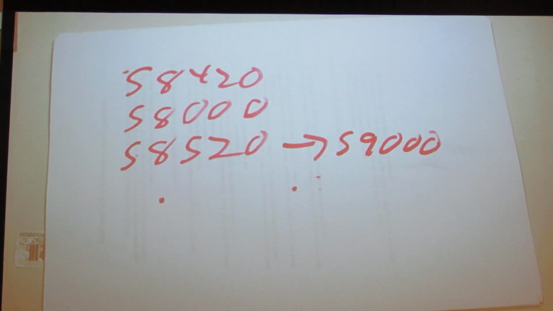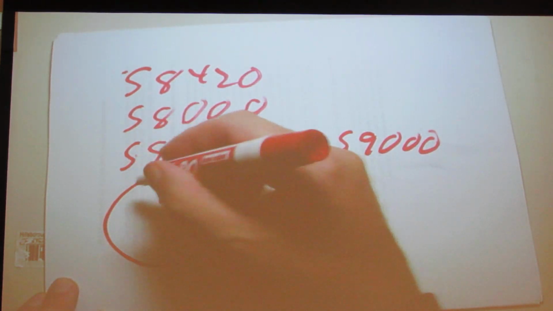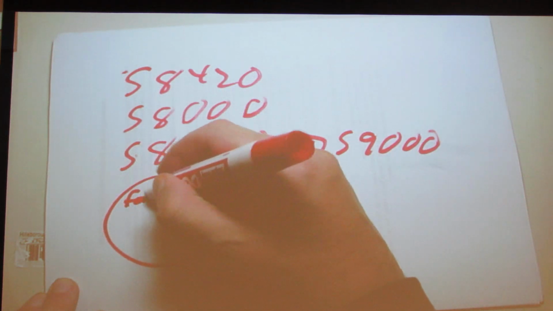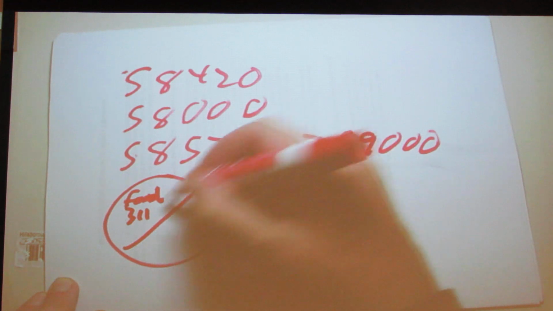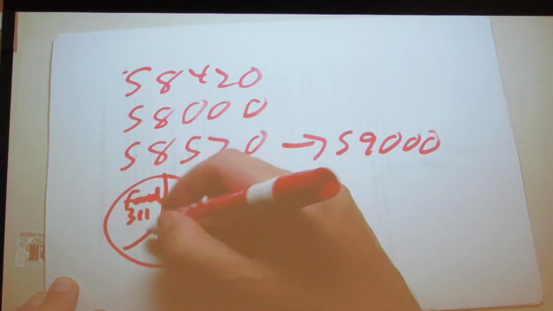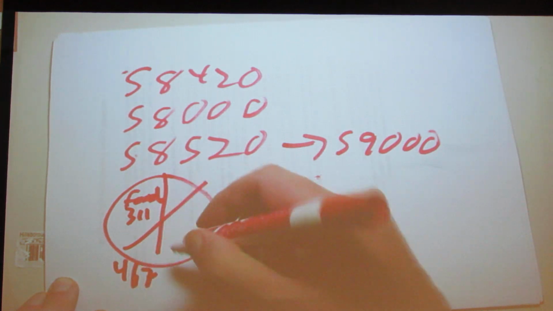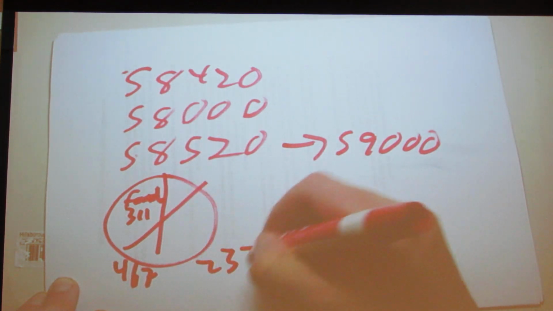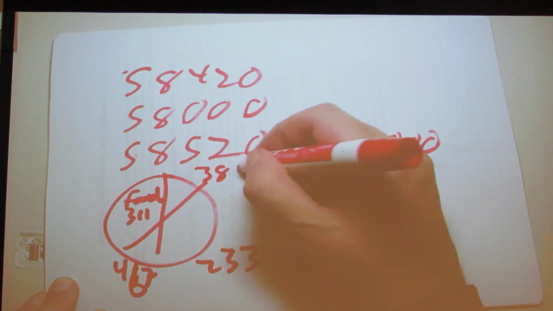Next, you're going to have one, just like in the homework, where you had a pie chart of how much money someone spent. And let's say food is $311. You had something for $467, $233, and $389.